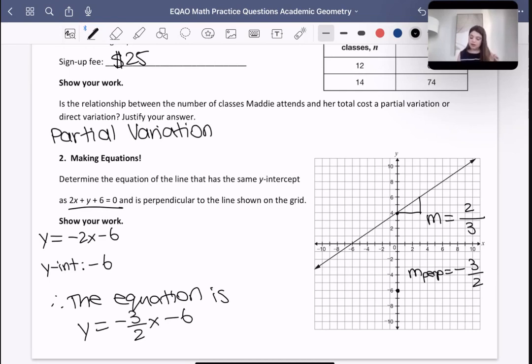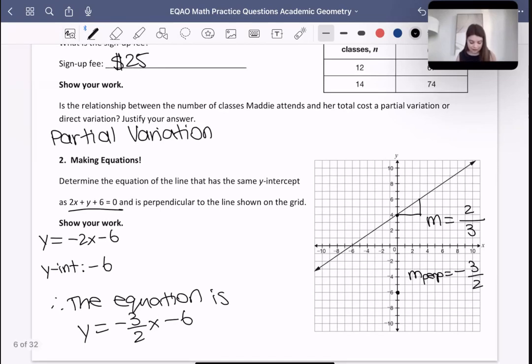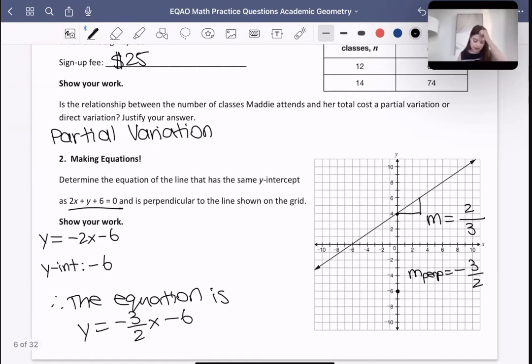Because all I did here is I said, well, we found out that the slope of the equation we're trying to determine is negative 3 over 2 based on this. And we also found out that the y-intercept is negative 6, right? Because it must be the same y-intercept as we had here. And the y-intercept for here we discovered by rearranging was negative 6. And so that's the answer for that one.